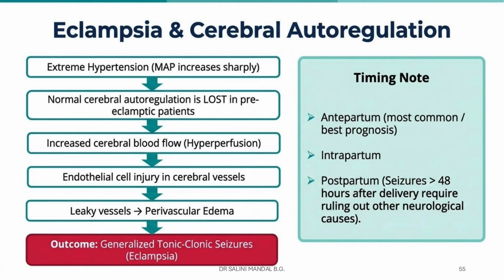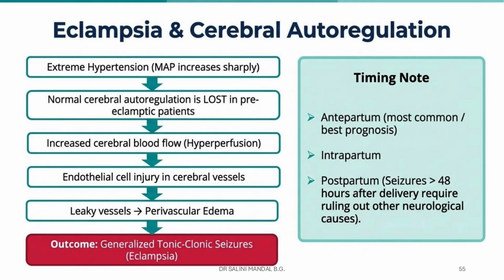The normal cerebral autoregulation is lost in the preeclamptic patient, so increased cerebral blood flow and hyperperfusion will be there. That means endothelial cell injury in the cerebral vessels, leaky vessels, and perivascular edema. That is the reason the patient can go into generalized tonic-clonic seizures.